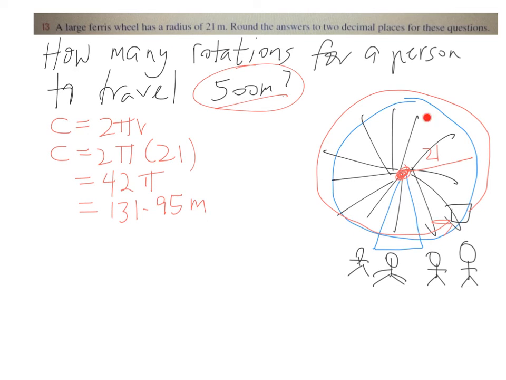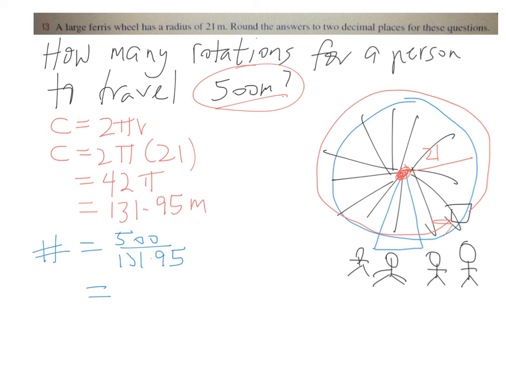That is 131.95. We're asked for 500 metres, so what do you think we do? Well, we find the number of rotations by doing the distance that we want to travel over 131.95, the distance of one rotation.